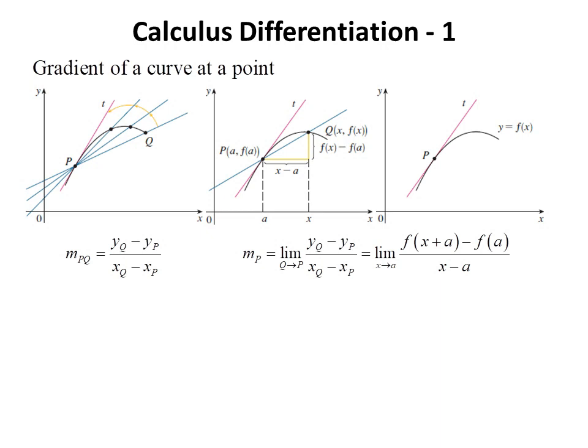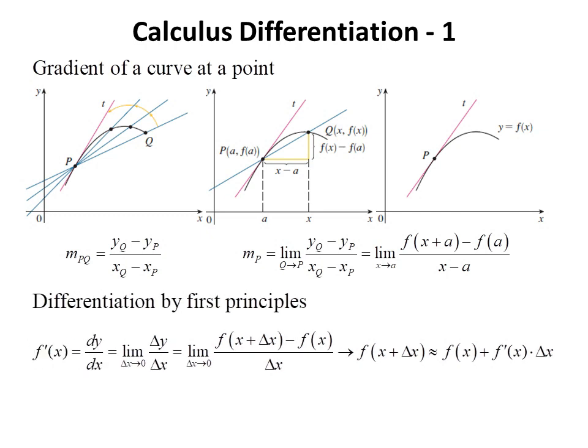So the gradient at point P, which denotes m sub P, equals f of x minus f of a, all over x minus a, as x approaches a.